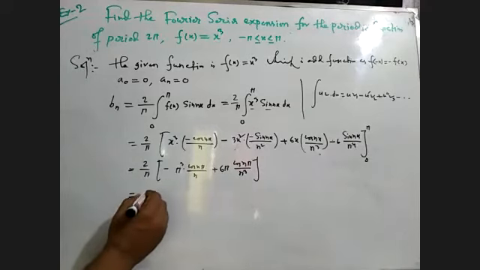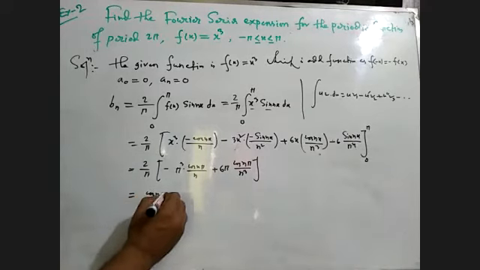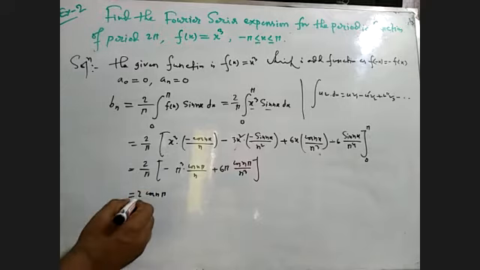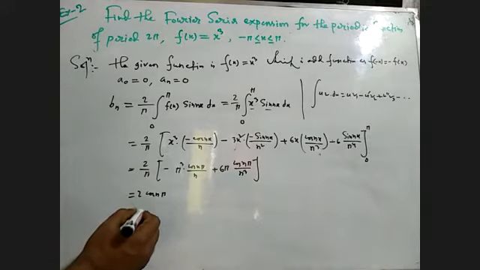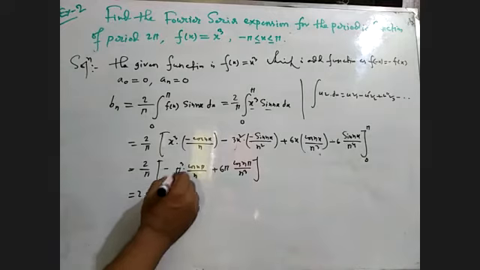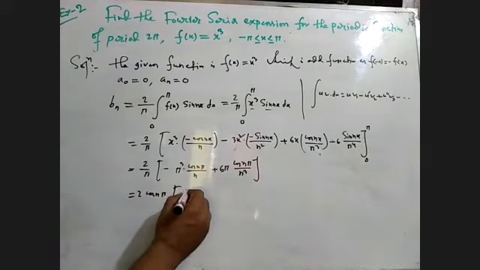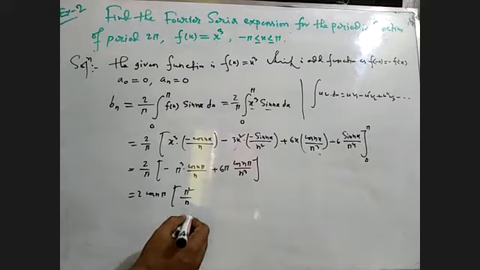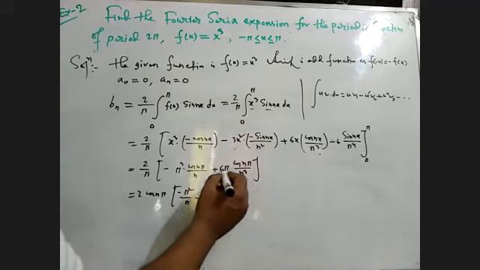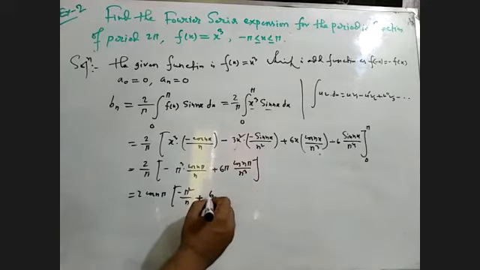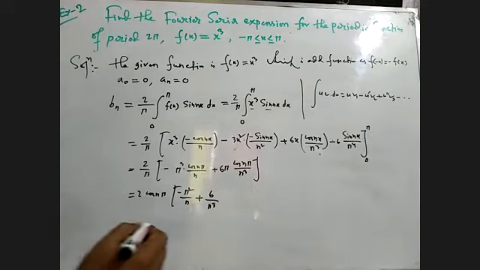Cos n pi, 2 into cos n pi, minus pi square by n, plus pi also gone, and 6 divided by n cube.